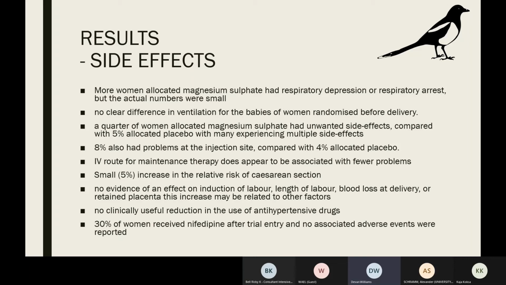There was no effect on any other measures of labour, and no usefulness in using it as an antihypertensive. Conversely, quite a few people received nifedipine, and there was no increased incidence of severe hypotension with magnesium. So from the side effect profile, other than those unwanted side effects, there weren't any that would clinically affect patients.